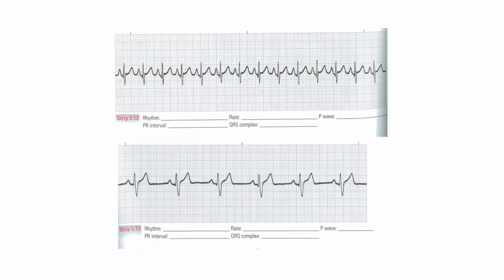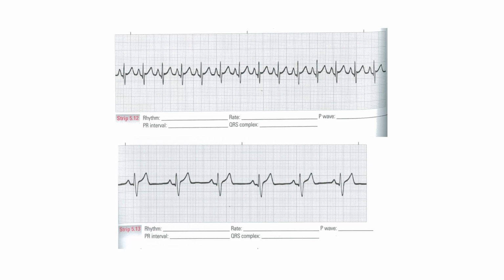In 512, your rhythm is regular and your rate, there are about 10 to 12 boxes between R to R. So your heart rate would be 125.